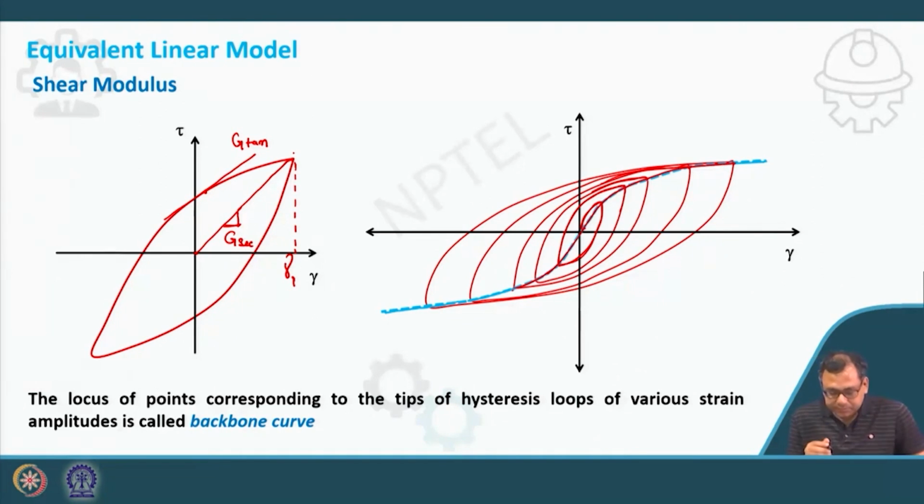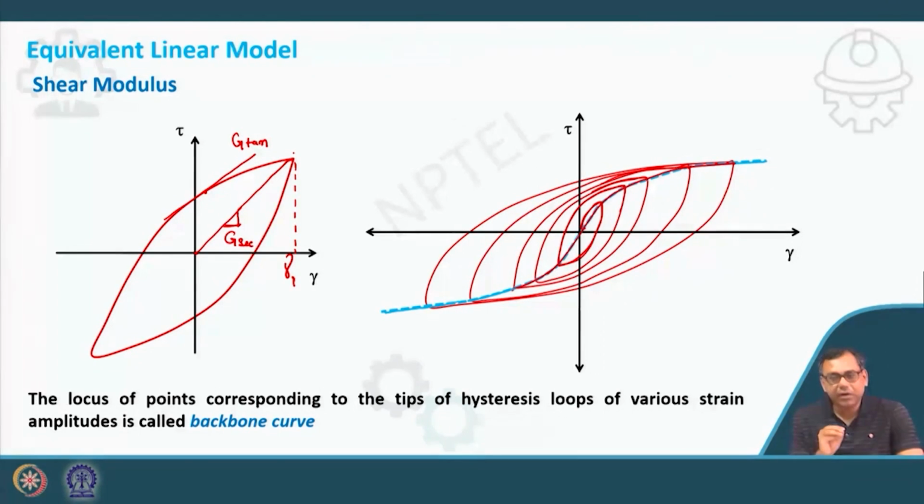So now, if I want to represent the nonlinearity of the soil, then generally I can use two models. One is the equivalent linear model, which I am discussing right now, and the other is the nonlinear model.